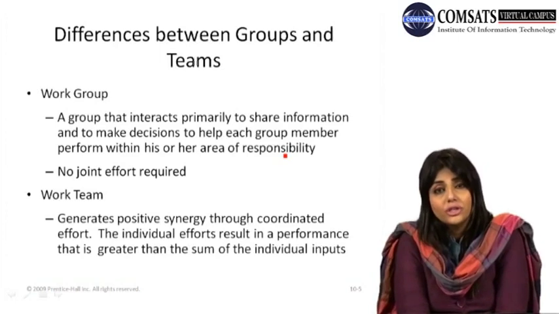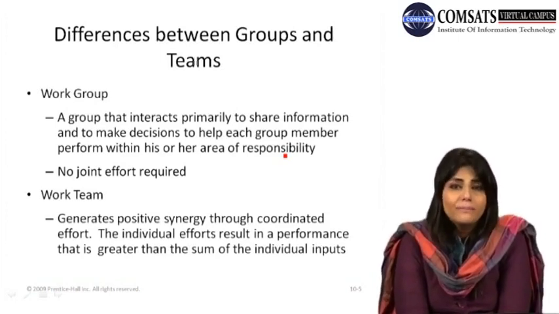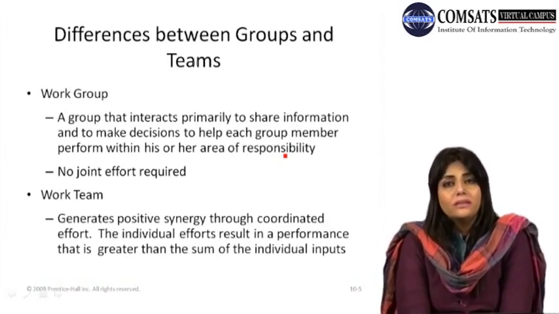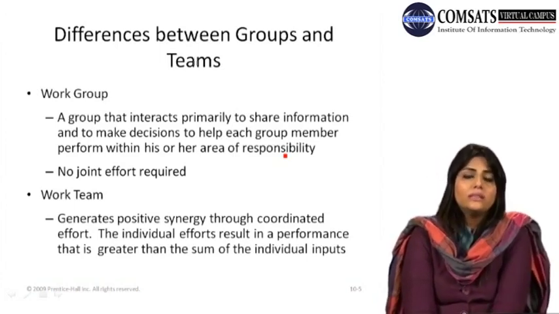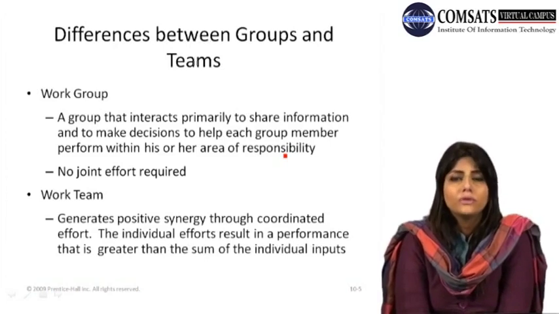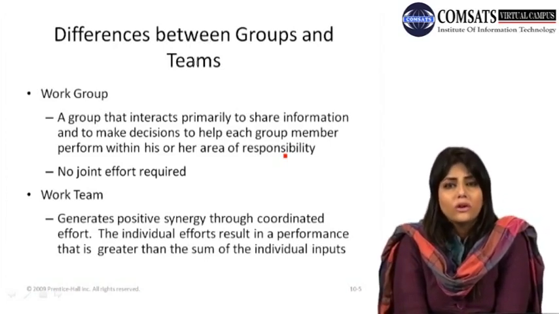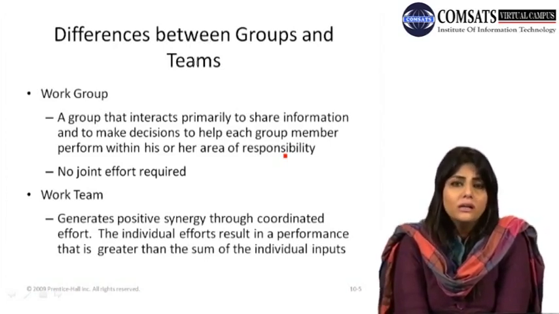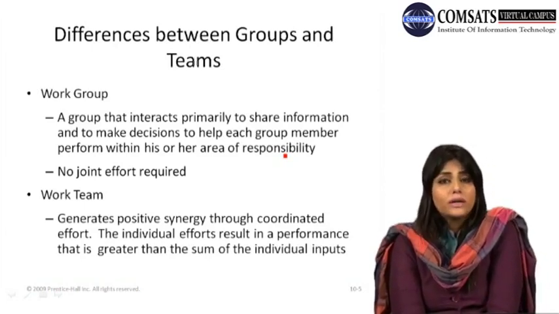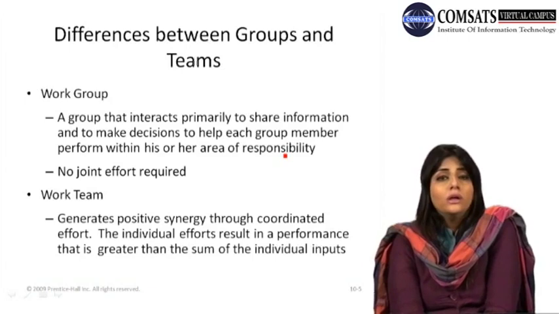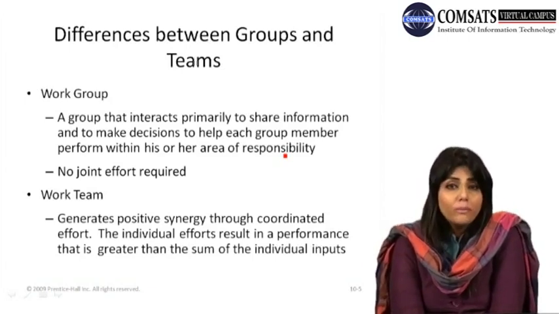They're just sharing information, and they might also be helping each other, because they might be in somehow related areas. For example, if we talk about a university, there can be a number of work groups formed in the university, such as the industrial organizational psychology group, the human resource development group, right?